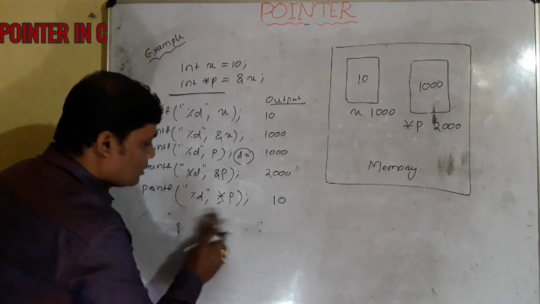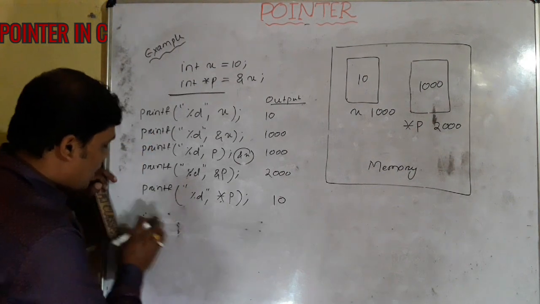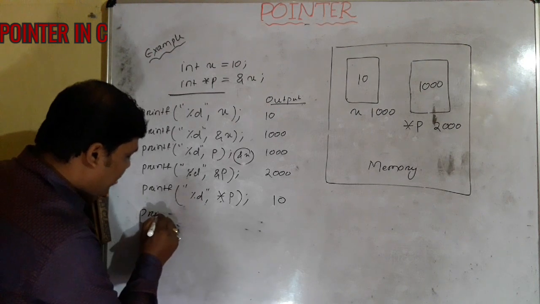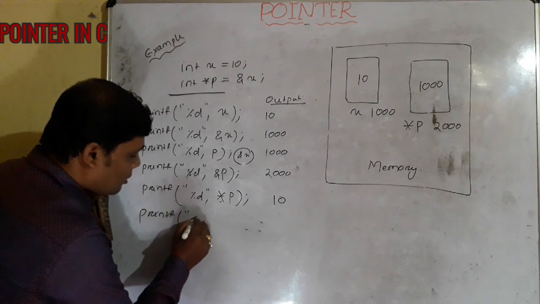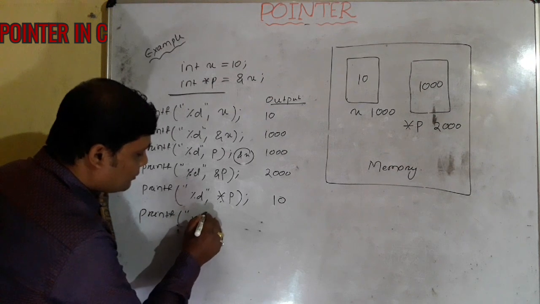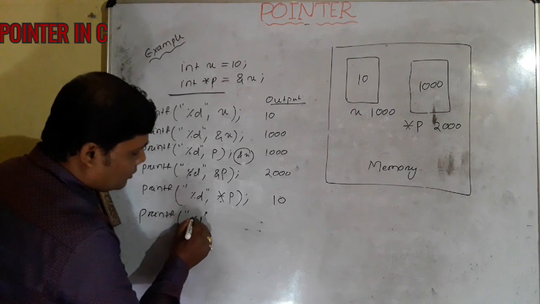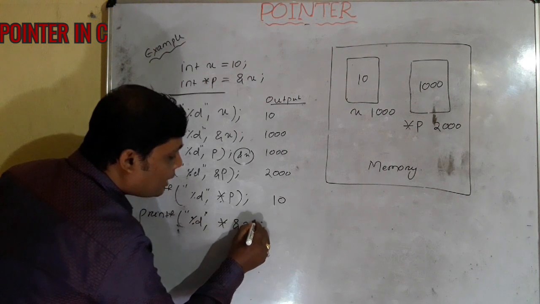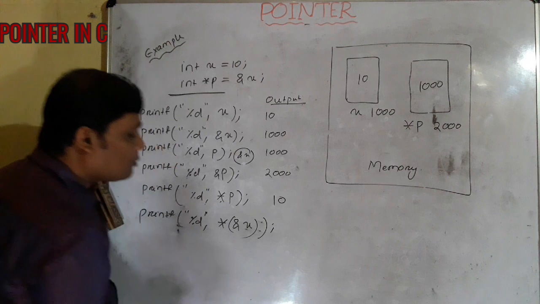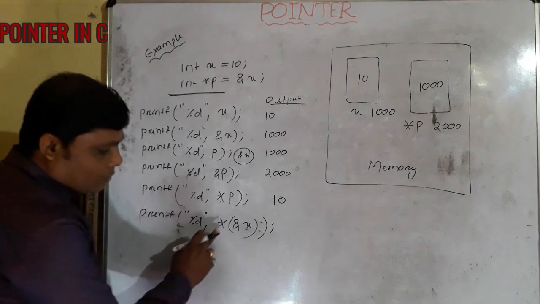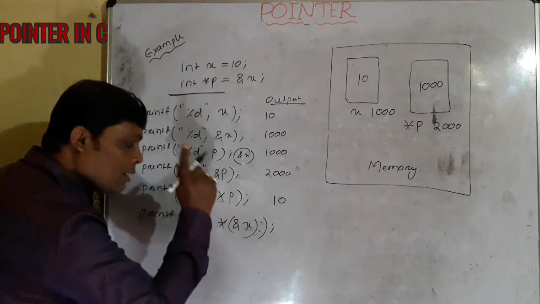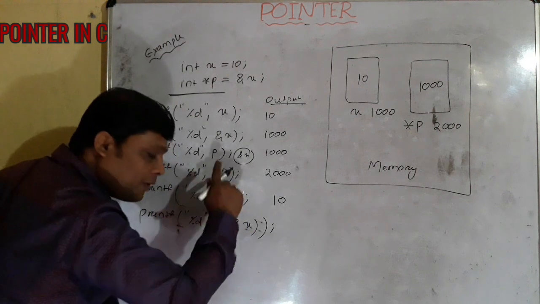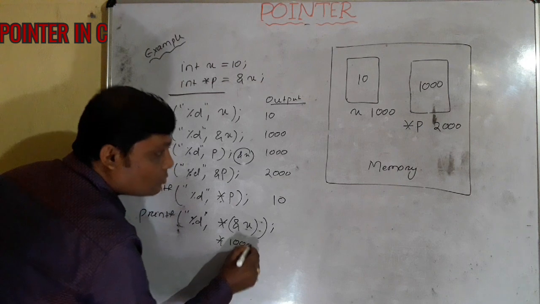Next, suppose I am displaying printf %d, then *&x. You can see I have told after star there will be one address. So *&x means address of x, that is 1000.